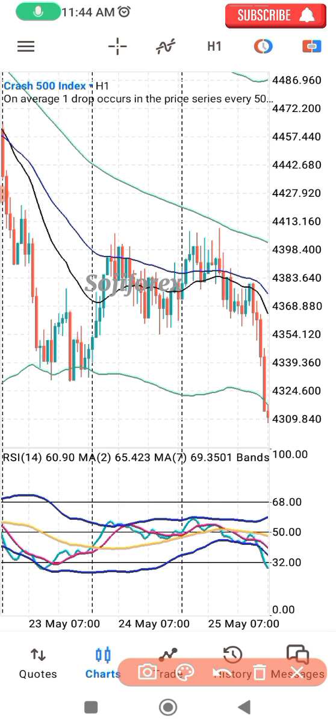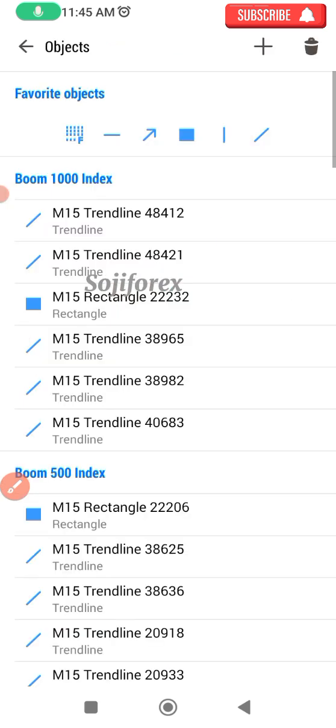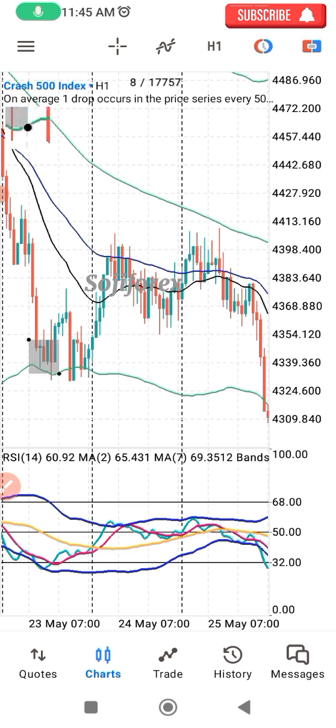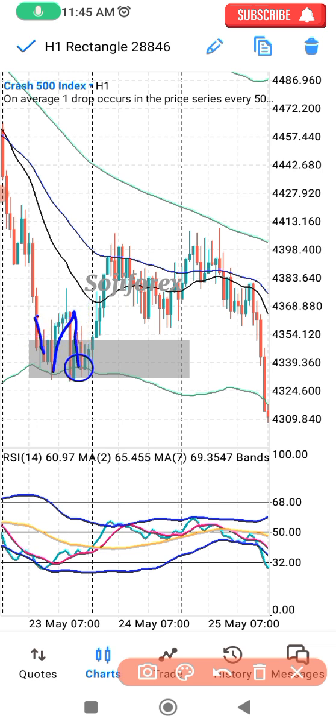So what you need to do in this scenario, after the first rejection of this first leg, you just mark that zone out. You mark it this way. Then you wait for price to return inside and let the zone hold the price. That is one. And even if price is going to do the inverse pattern that will take this low, let it take this low, but you are not making entry.